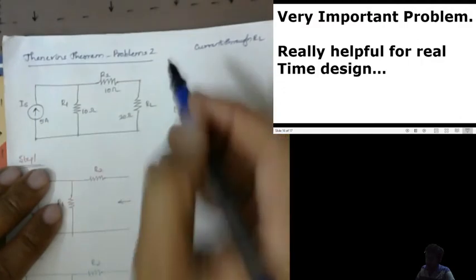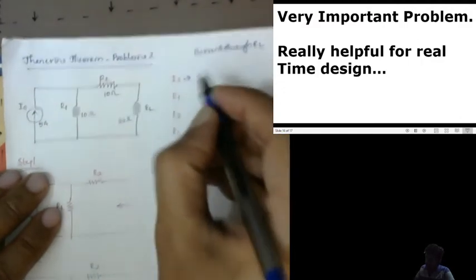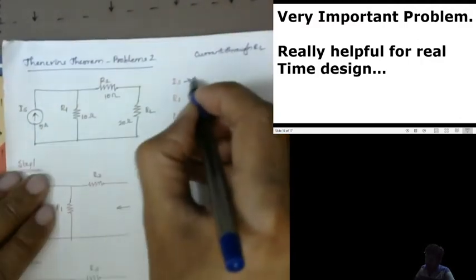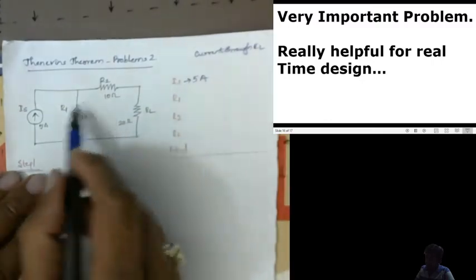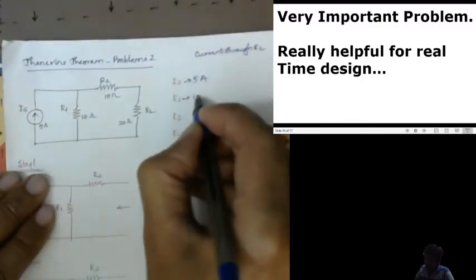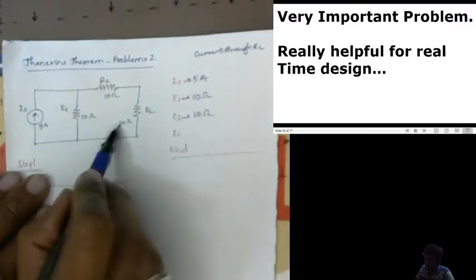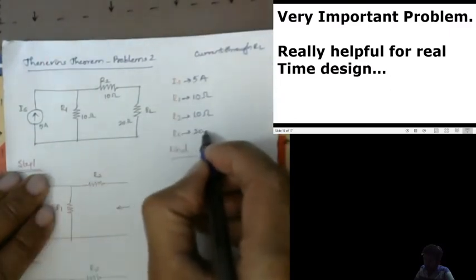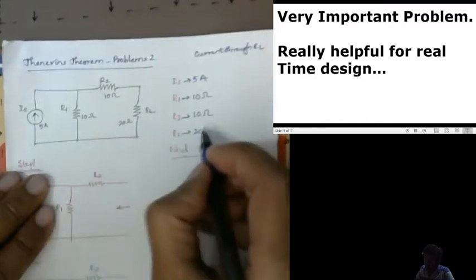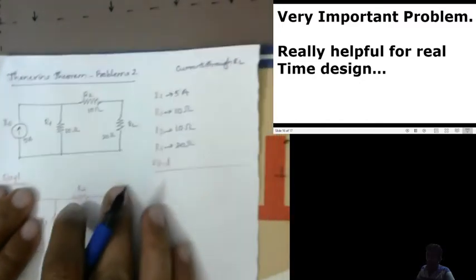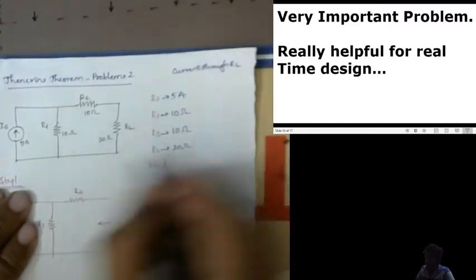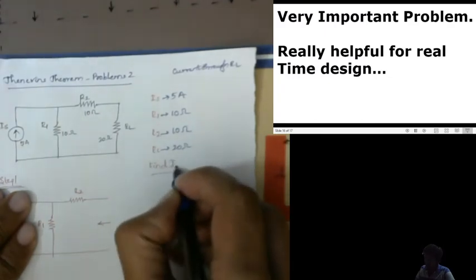The current source is 5 amp, R1 is 10 ohm, R2 is 10 ohm, and RL is 20 ohm. You need to find the current through load RL, that is IL.